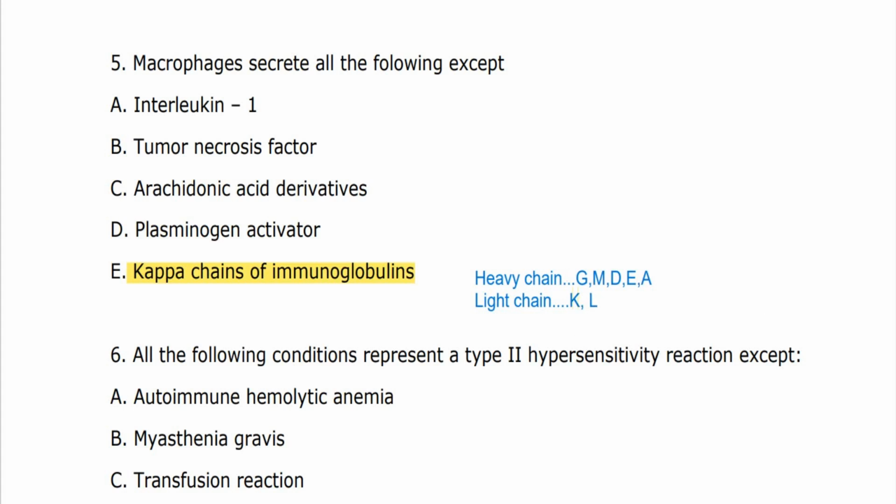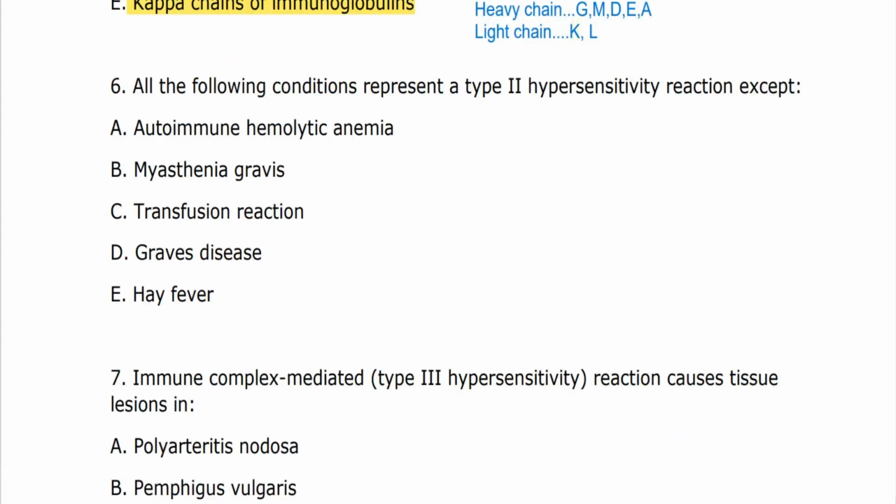All right. So question number 6. All the following conditions represent a type 2 hypersensitivity reaction. What we probably need to do first here is to think about each type of hypersensitivity reaction. So type 1 is immediate, so usually you're looking at histamine release and the rest of them.